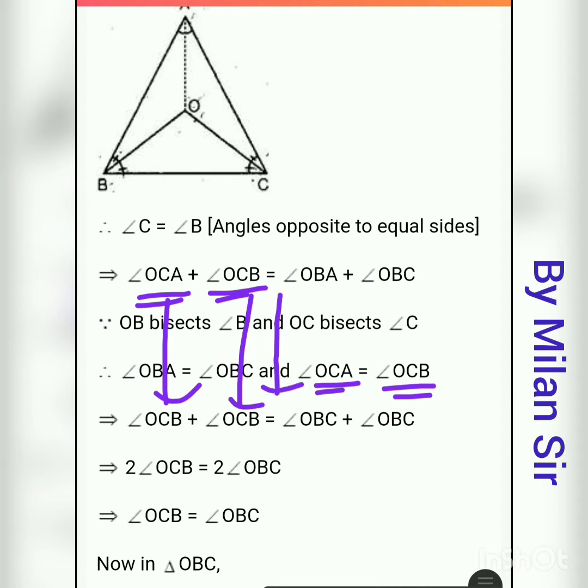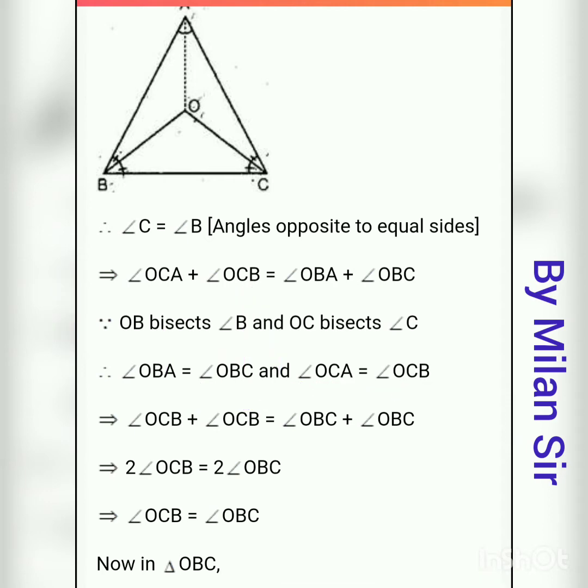Then, on the other side, in place of angle OBA we can write OBC, and angle OBC as it is. So angle OCB plus OCB is 2 times OCB. Same thing here, OBC plus OBC is 2 times OBC.